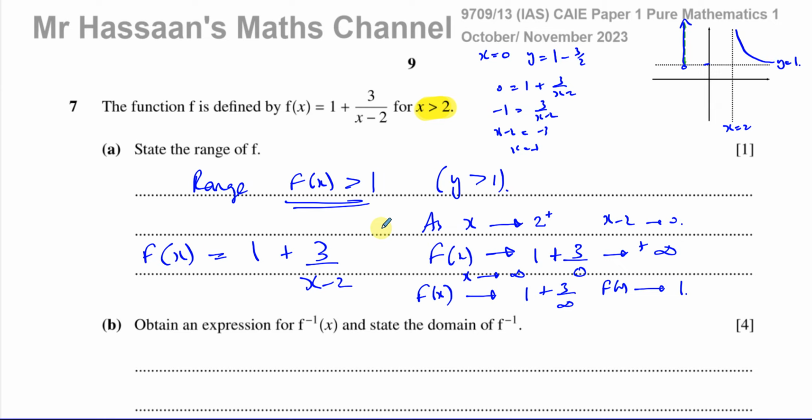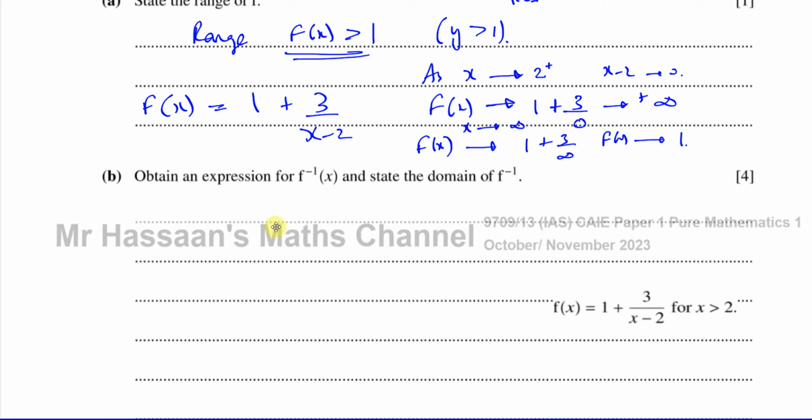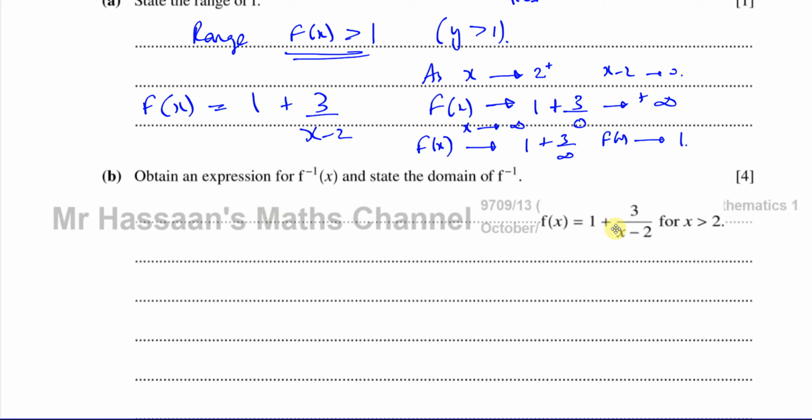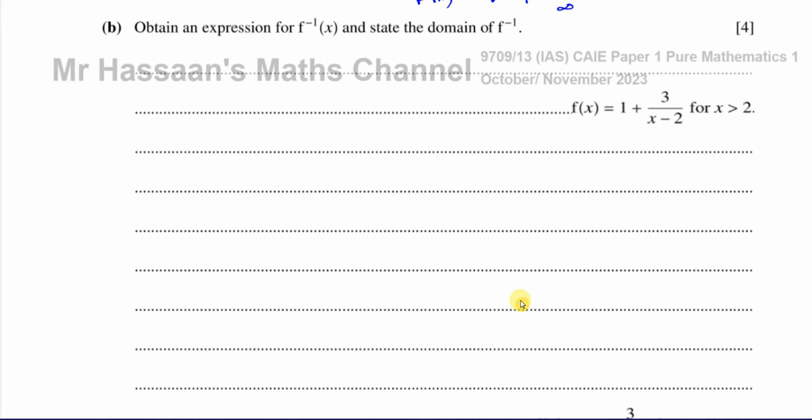Now we're going to do 7b. It says obtain an expression for the inverse of f of x and state the domain of the inverse of f of x. So first of all, let's call the original function y equals 1 plus 3 over x minus 2.